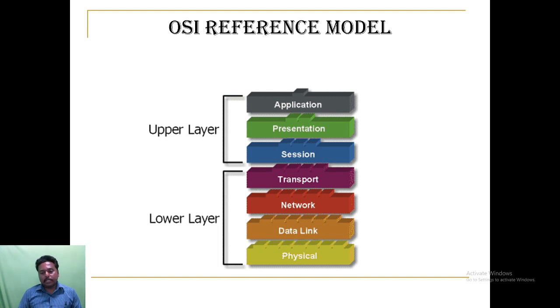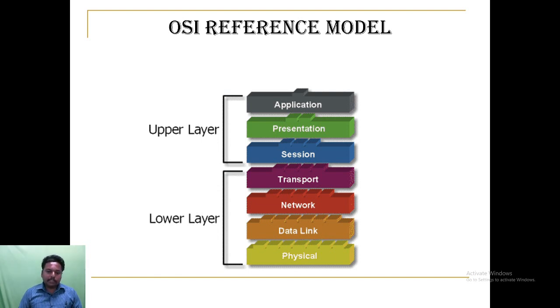And network is the intermediate path between both the sender as well as the client. The intermediate medium or path is called the network. Data link is how the data has to be linked between the server and the client. Physical means the hardware devices, the devices we can use for shipping data from server to client or client to server. So these are the 7 layers that play a vital role in the OSI reference model.